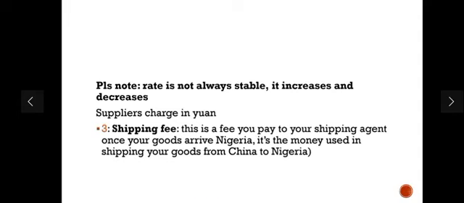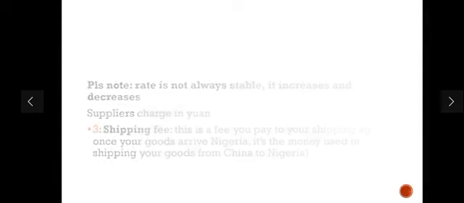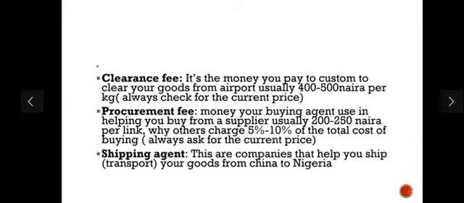So when you've bought your goods in China, you ship it. They don't ask you to pay. You ship it to Nigeria. Once your goods arrive in Nigeria, they calculate the money and they ask you to pay. So that's why it is very important that you know the weight of your goods.